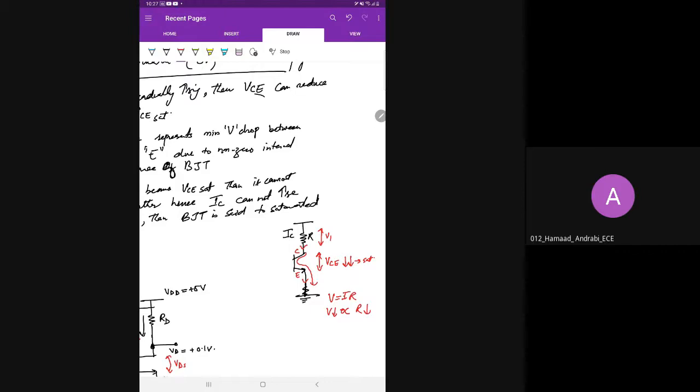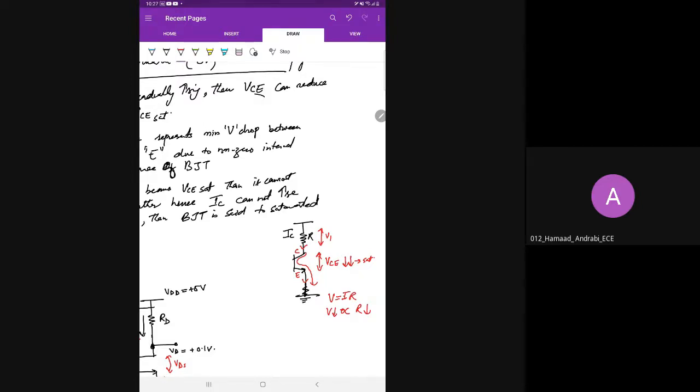It means that the internal resistance between C and E is actually decreasing. When VCE is minimum, VCE is equal to VCE saturation. It means that you have the minimum possible resistance between collector and emitter, beyond which it cannot decrease.